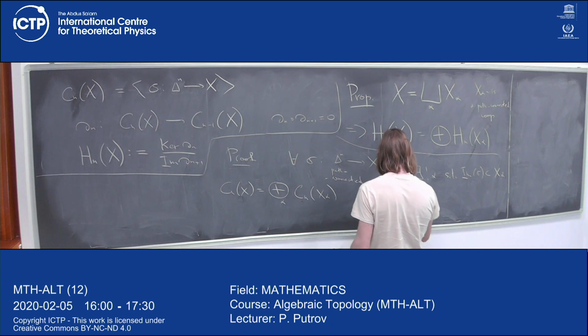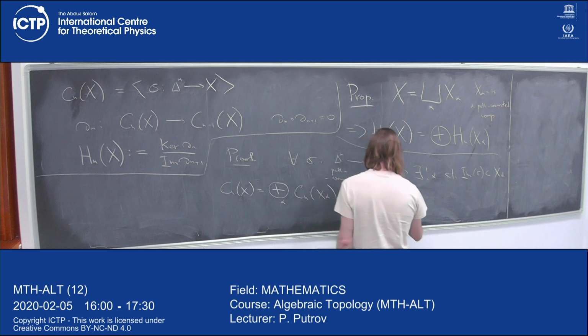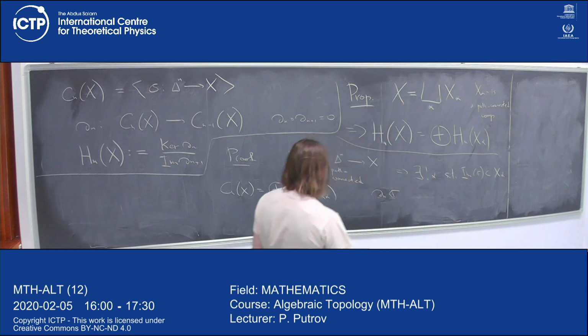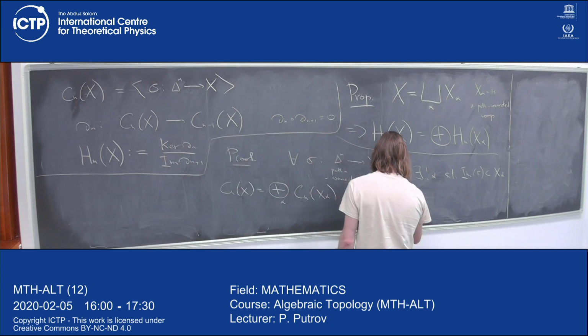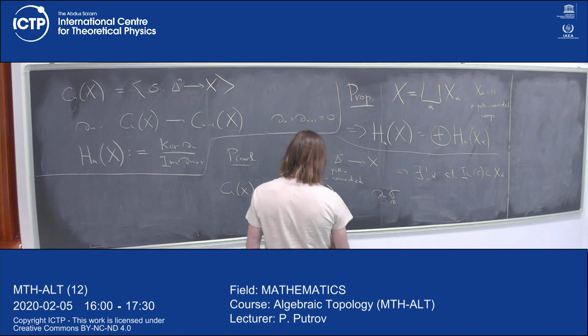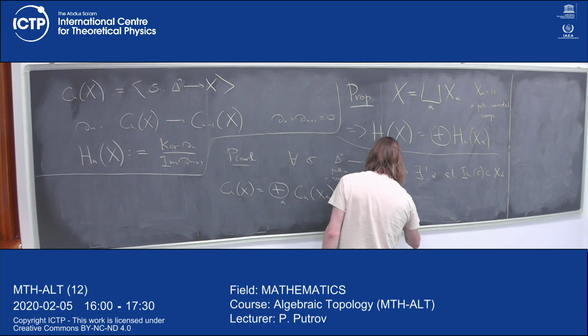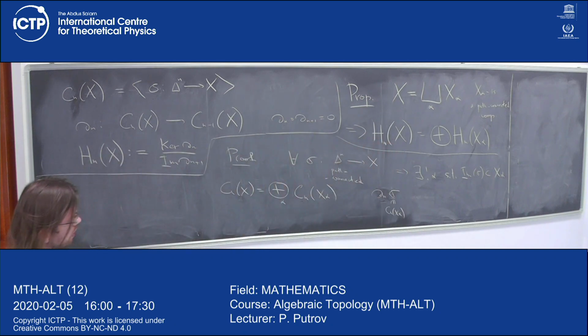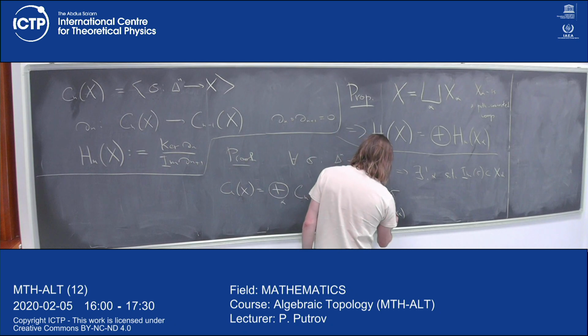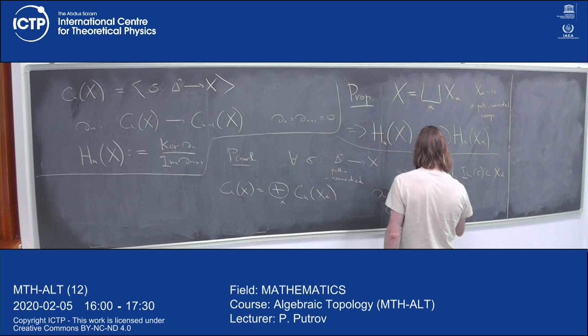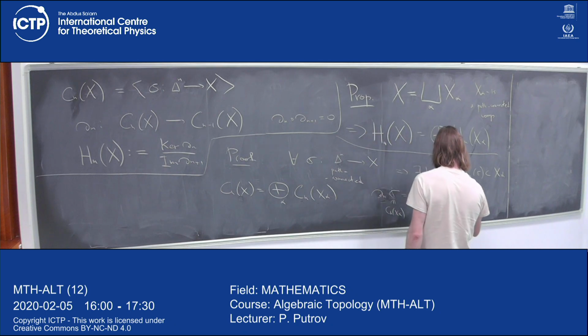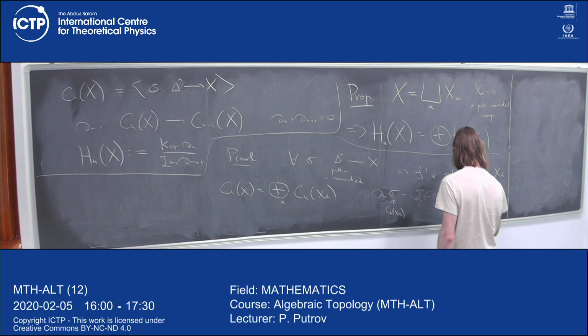Namely, we can do this by using the definition of the boundary homomorphism. I take some sigma in a particular component, Cn of X alpha, and by definition the boundary homomorphism is given by this formula.